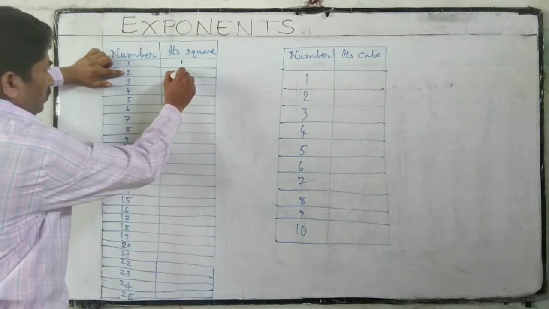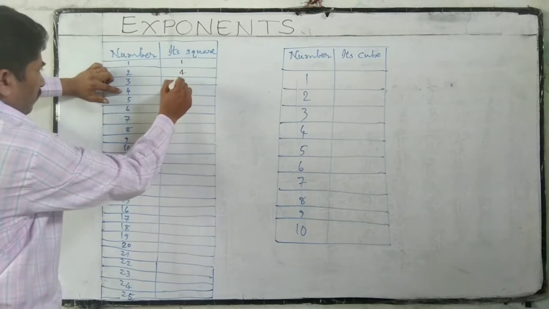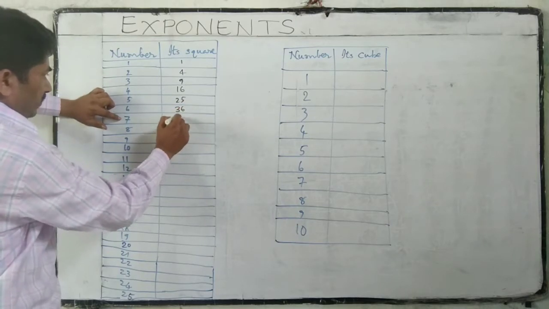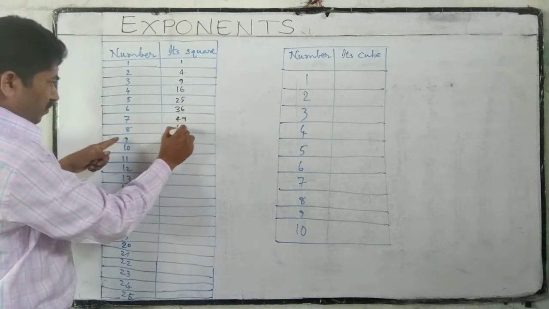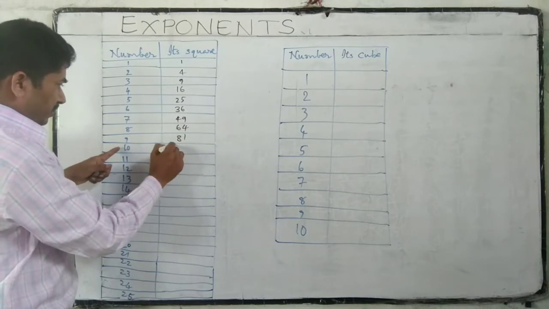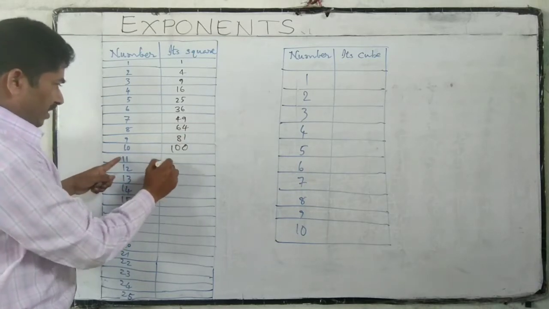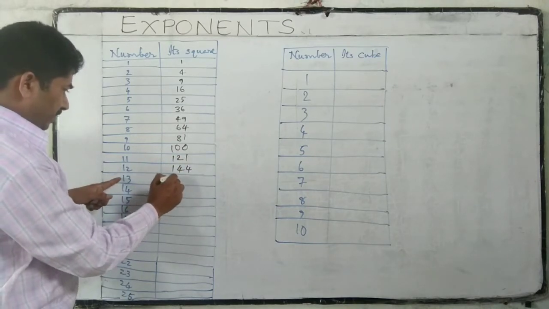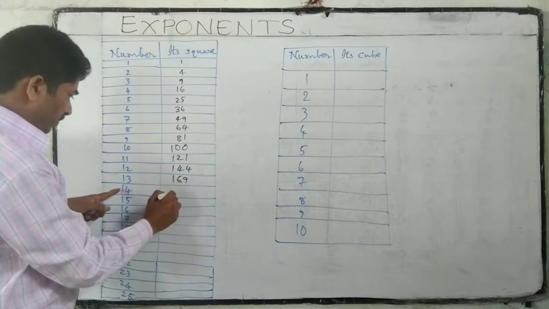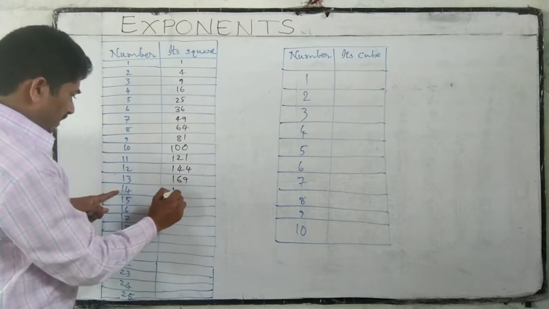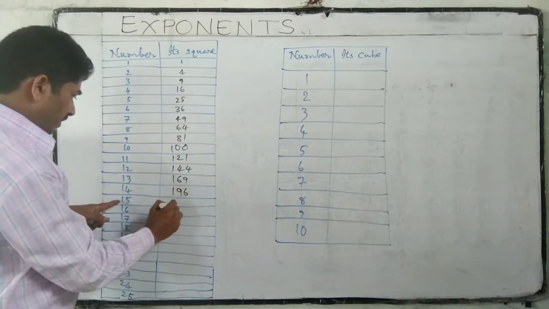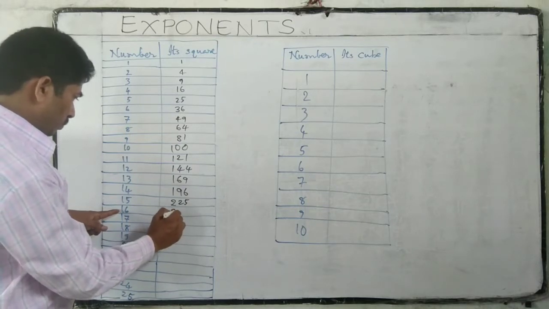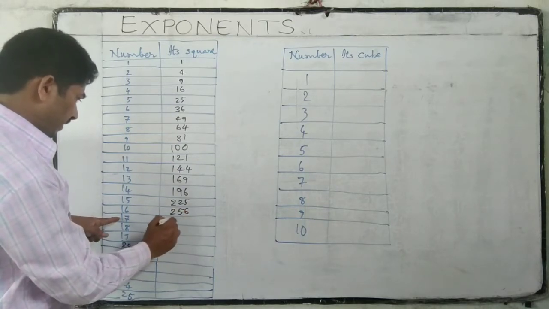Square of 2, 2 twos are 4. 3 threes are 9. 4 fours are 16. 5 fives are 25. 6 sixes are 36. 7 sevens are 49. 8 eights are 64. 9 nines are 81. 10 tens are 100. 11 elevens are 121. 12 twelves are 144. 13 13s are 169. 14 14s are 196. 15 15s are 225. 16 16s are 256. 17 17s are 289.